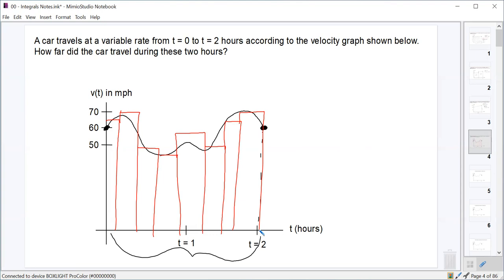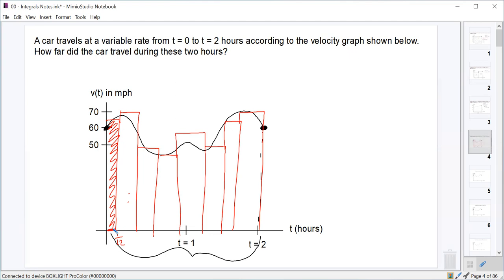And if I know the width of each of these, if I said, okay, well, at 5 minutes in, where t would be 1/12 here, I know my width here is 1/12, and I know that the velocity I'm looking at there is about 65. So if I did 65 times 1/12, I know that in this little section, I went 65/12 of a mile.